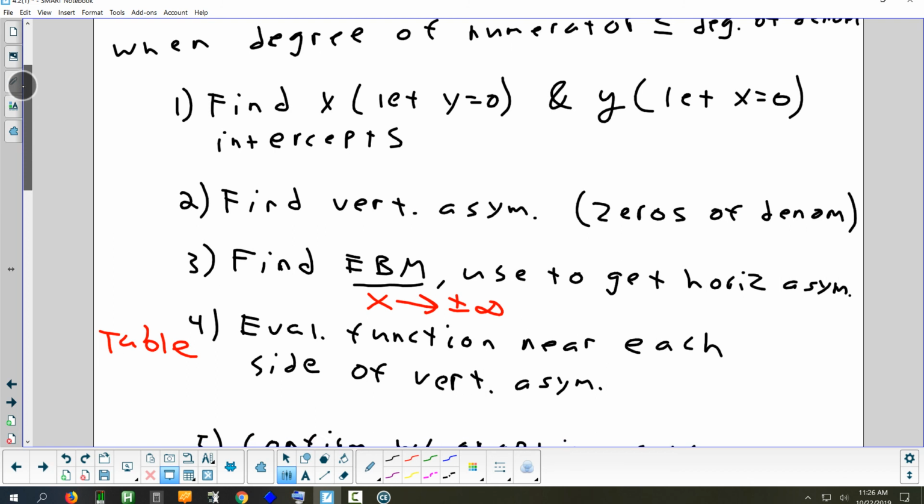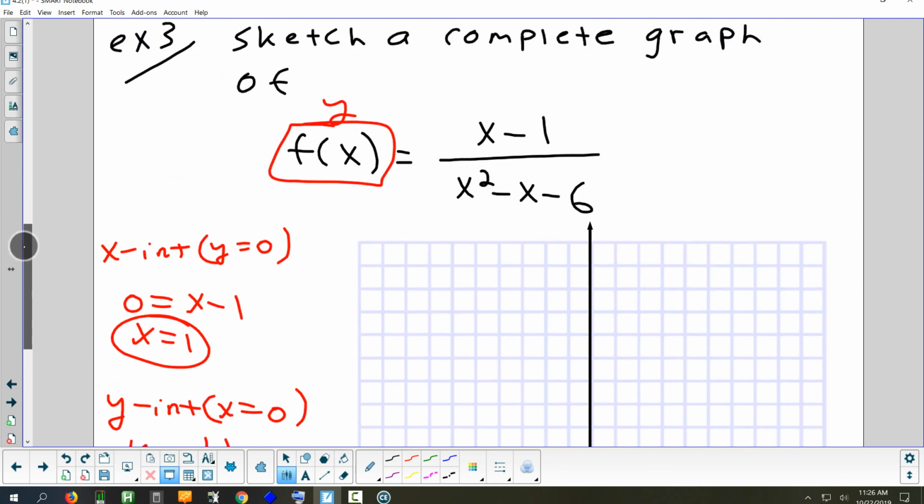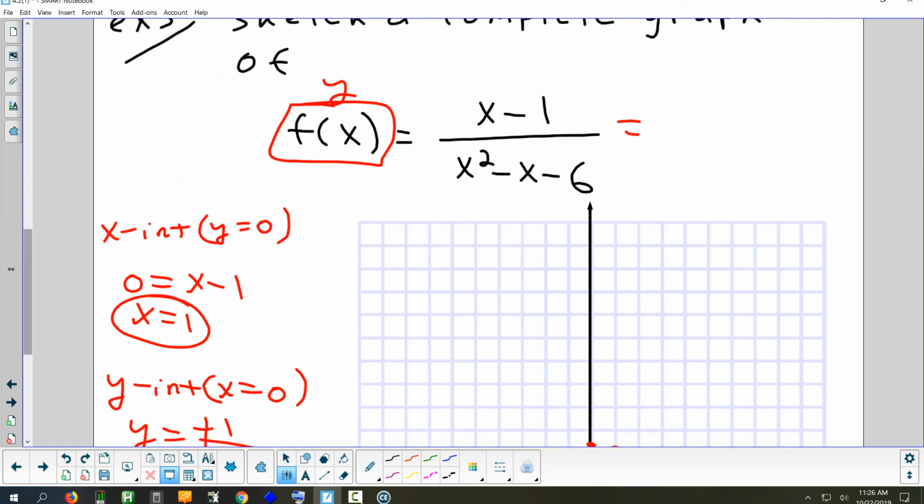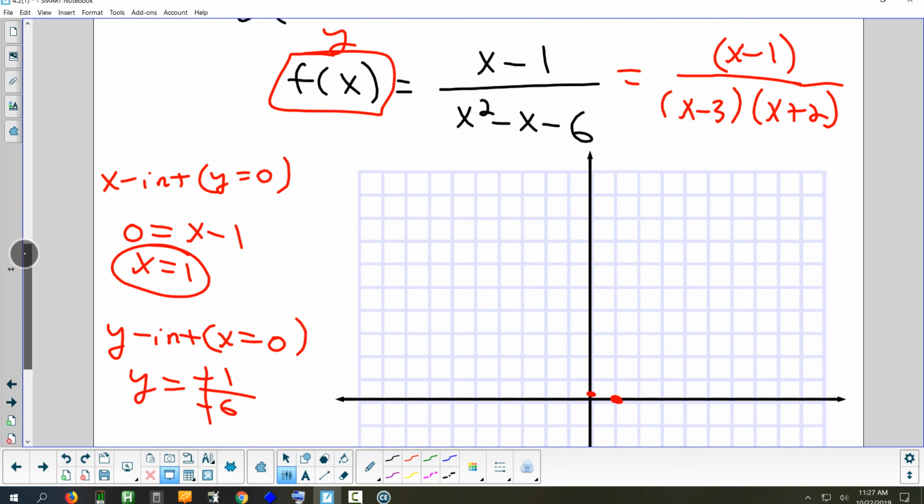What else? Let's find the vertical asymptotes. What do I have to do to find the vertical asymptotes to the bottom? I've got to factor it. That's x minus 3, x plus 2, let me double check that, x squared. Yeah, that's how it factors. And you can put x minus 1 in the top if you want. So no holes in this graph, no common factors. So what are my vertical asymptotes? 3 and -2.